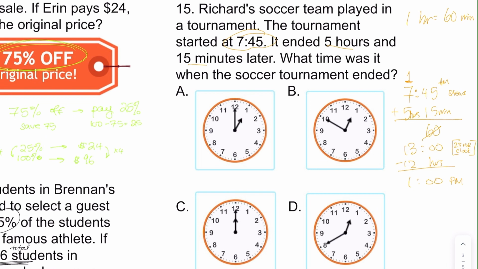So this is the short hand, the hour hand at 1. And then the minute hand is at 12. So choice A is 1 o'clock. Choice B is really 12:50. Choice C is exactly 12 o'clock. And choice D is 12:40. You have to multiply the minutes by 5.